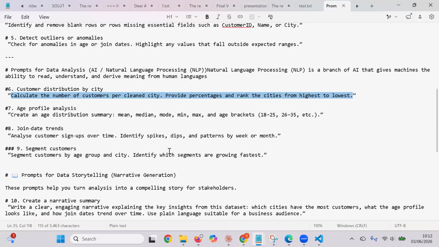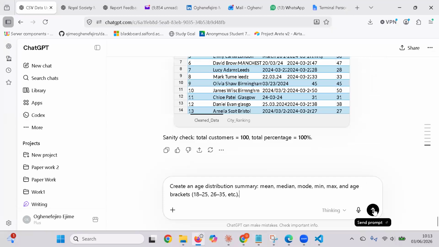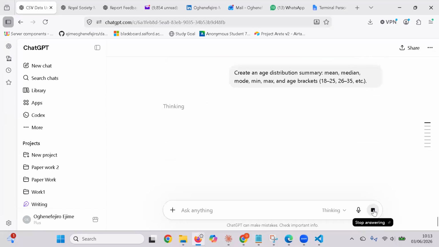Again, if we go back to our prompt, sometimes why this prompt is really necessary and good is that most times you will be in a situation where you are asked to do some of these things. If you can put them in prompts properly because you understand your data, this will help you do your work faster so that you focus on understanding what the data is rather than crafting it by hand.